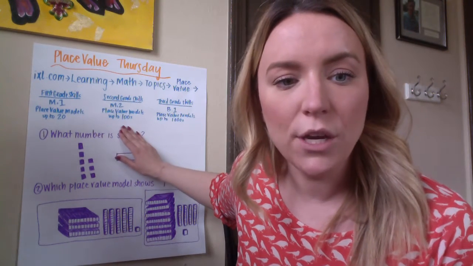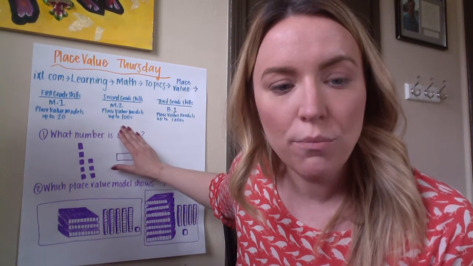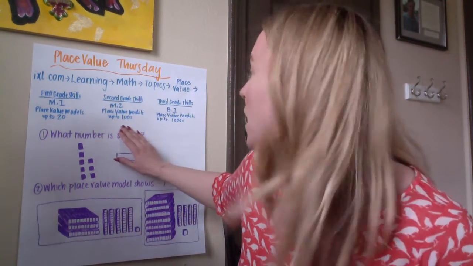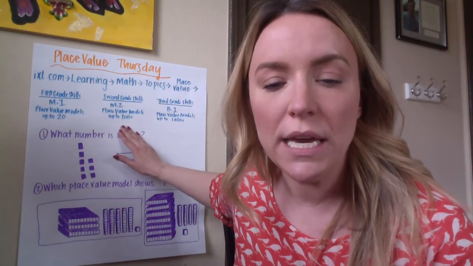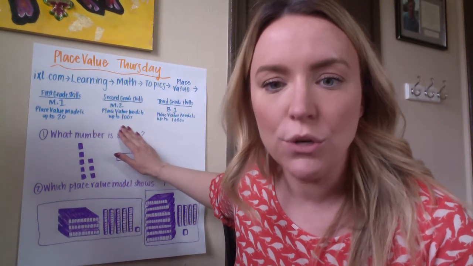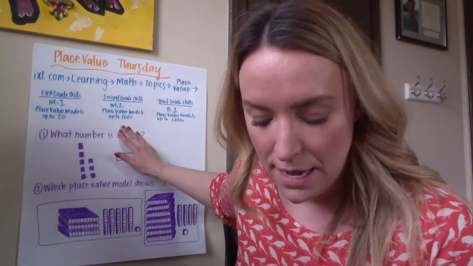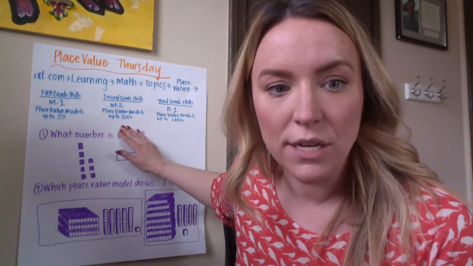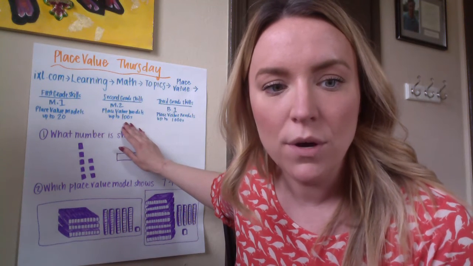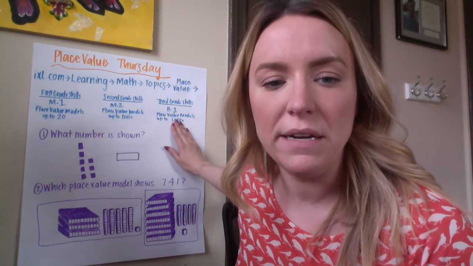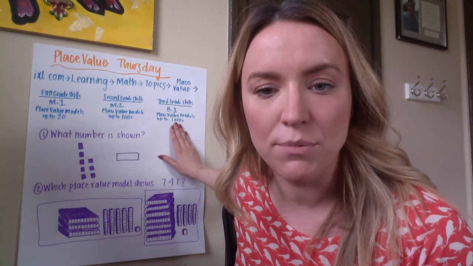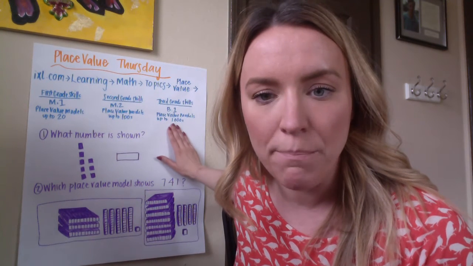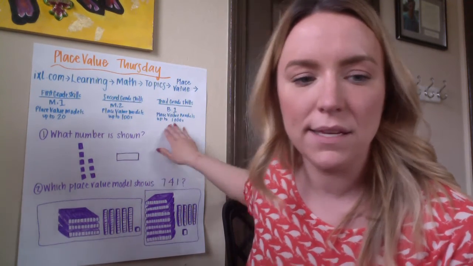For second grade skills in period 2, place value models up to 100, I want SG, KT, RU, DAG, and IG to complete this. And then finally, third grade skills, B period 1, place value models up to 1,000. I want NB to complete this.